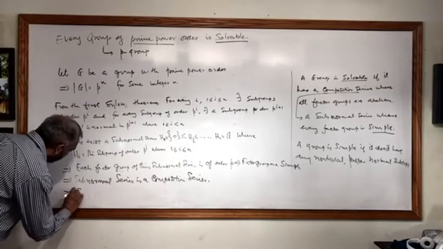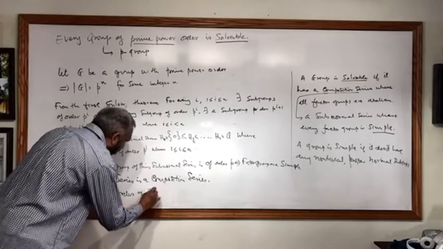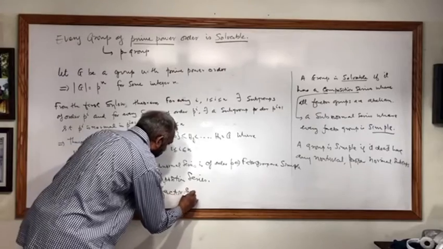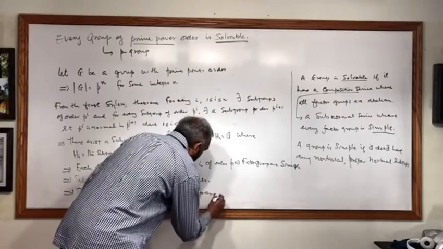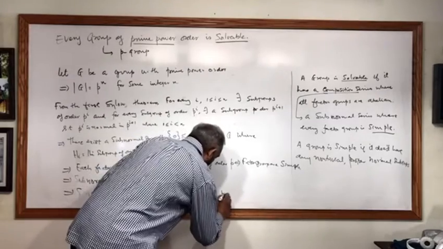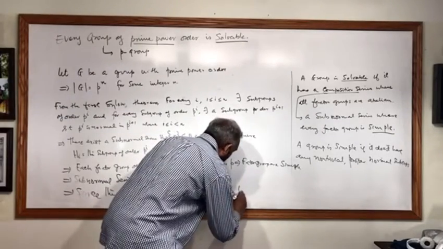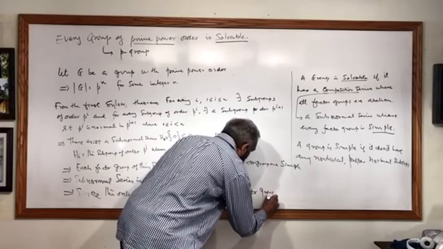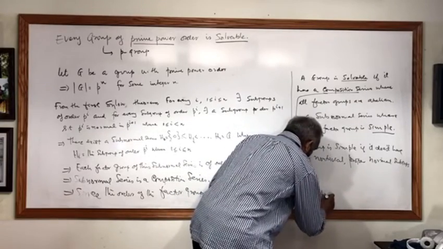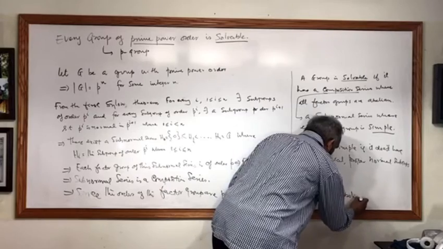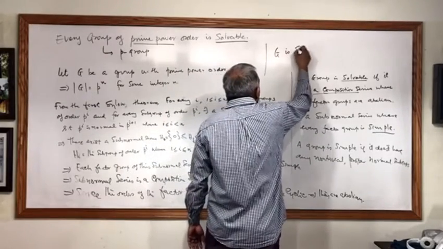And since each of the factor groups is of order p, the factor groups are cyclic and hence they are abelian. And that means G is solvable.